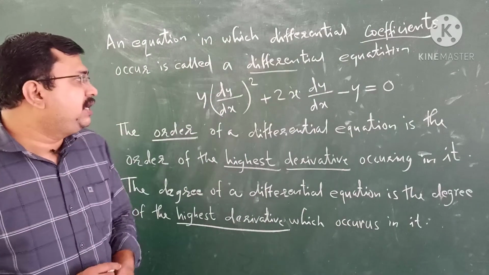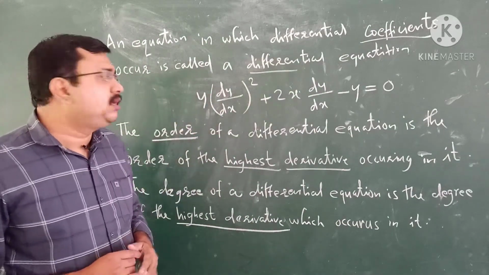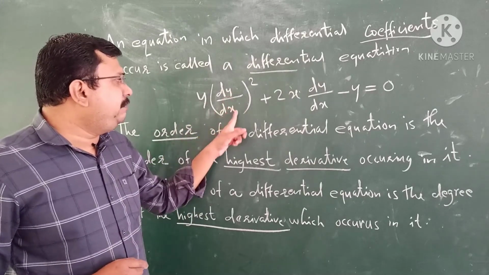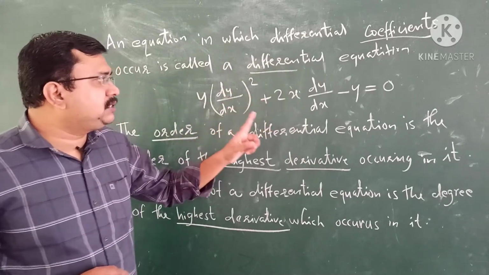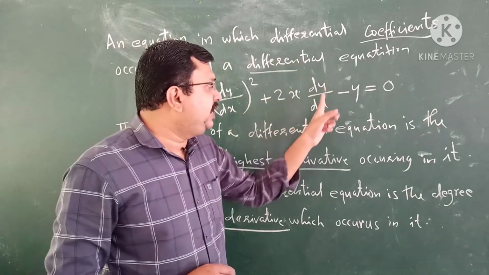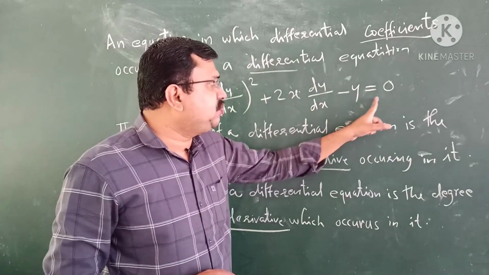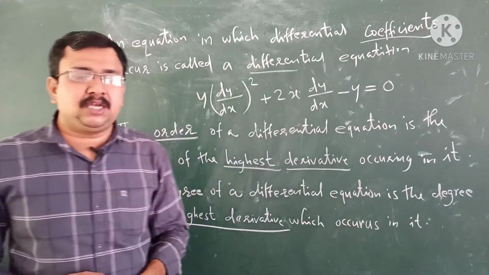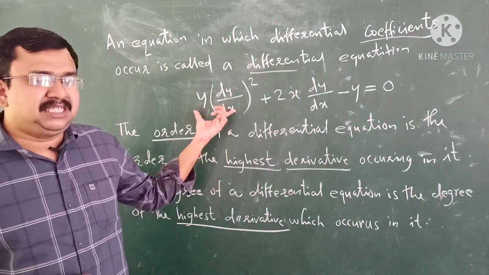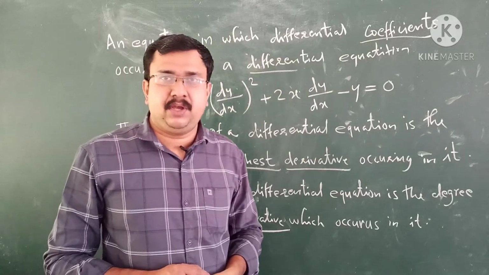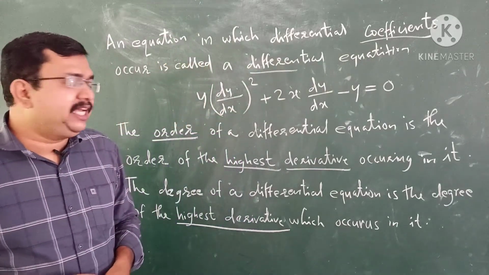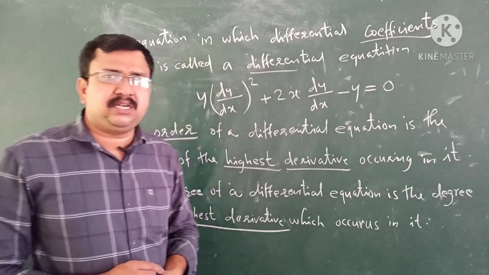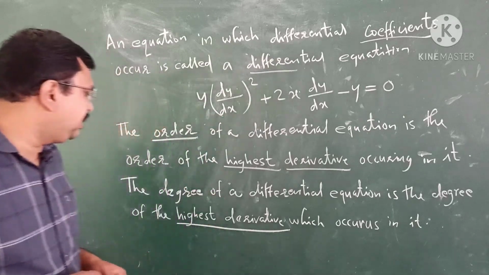For example, consider this differential equation: y (dy by dx)^2 plus 2x dy by dx minus y equal to 0. Here, what is the order of this equation? Remember that this is first order. Then what is the degree of this equation?